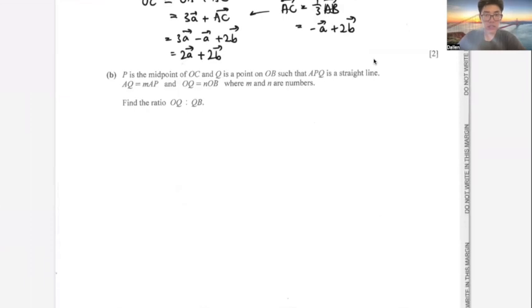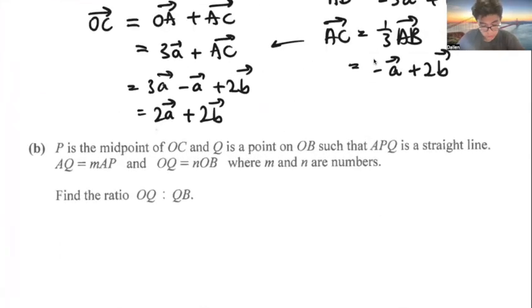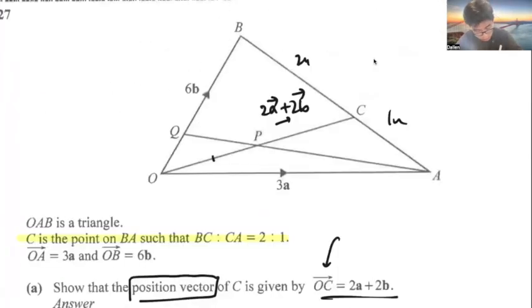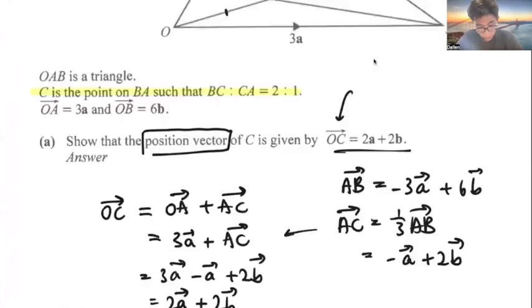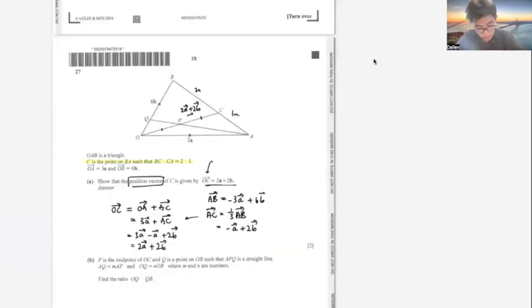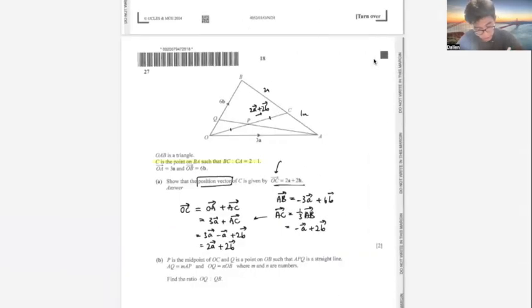Next. P is the midpoint of OC. And Q is a point on OB such that APQ is a straight line.